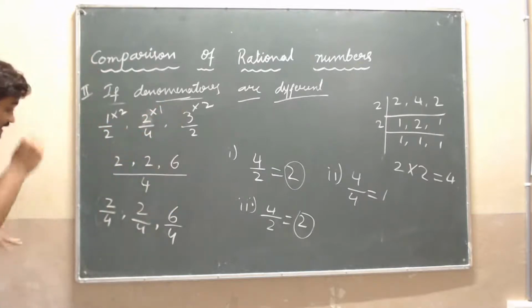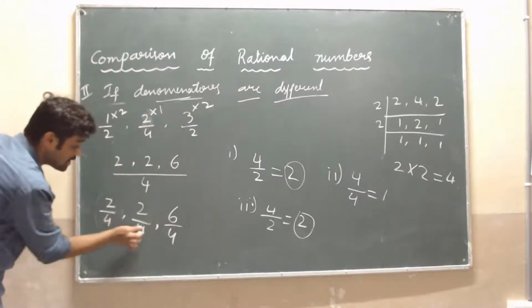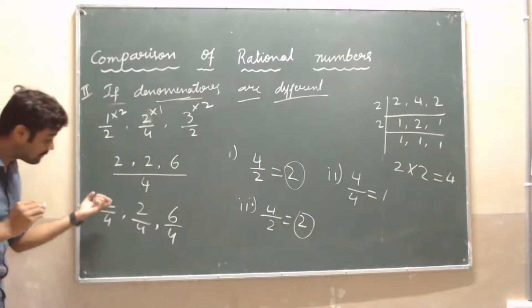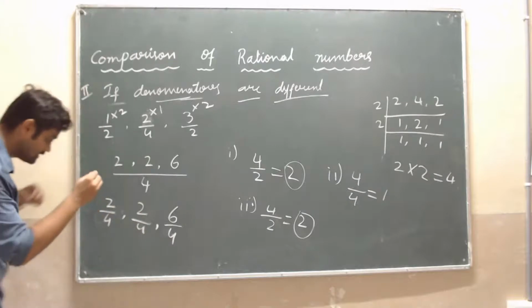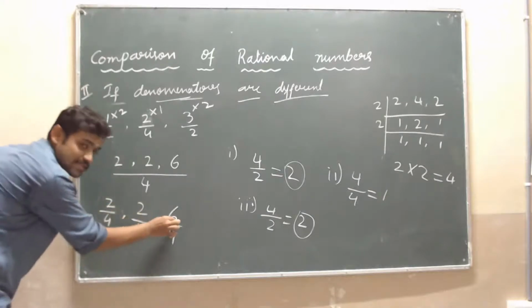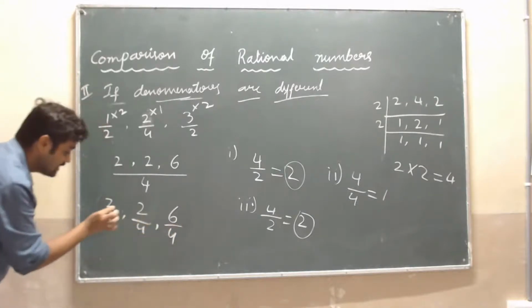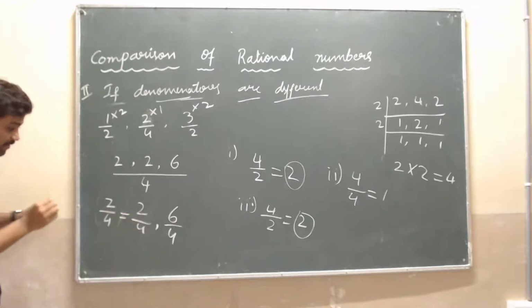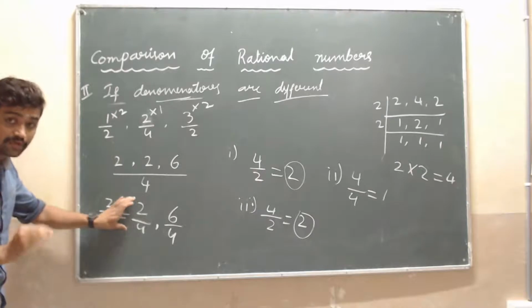Then we can easily say that the denominators are same, so we only have to compare the numerators, that is 2, 2, and 6. Here 2 and 2 are equal. I will use the symbol like this: 2 by 4 is equal to 2 by 4. Simple.